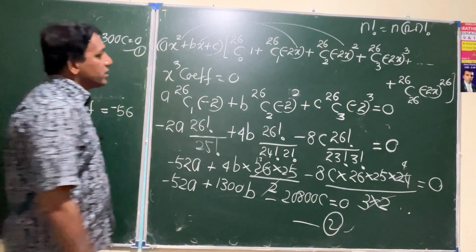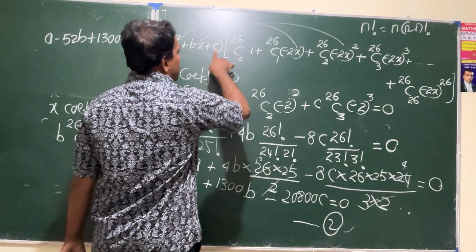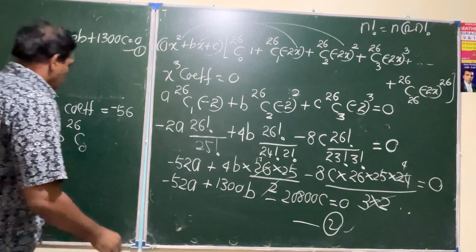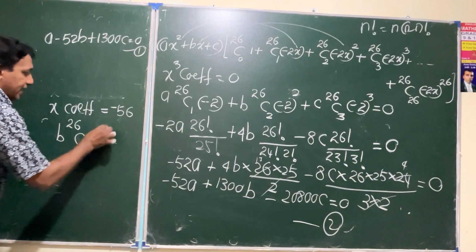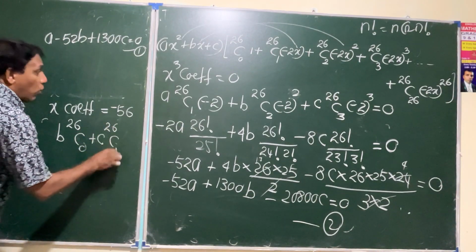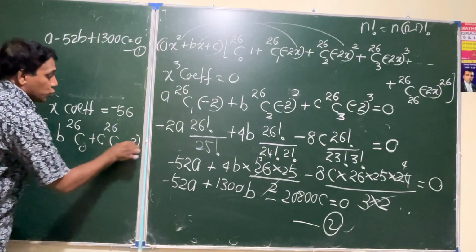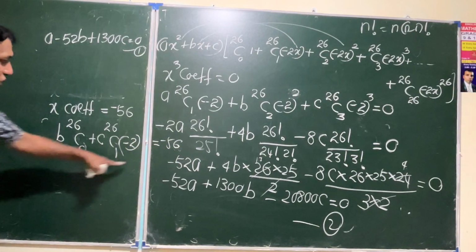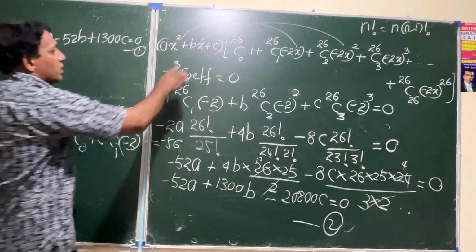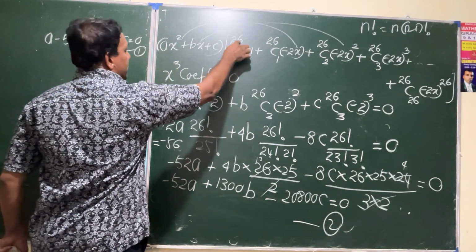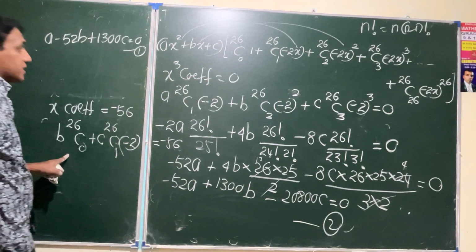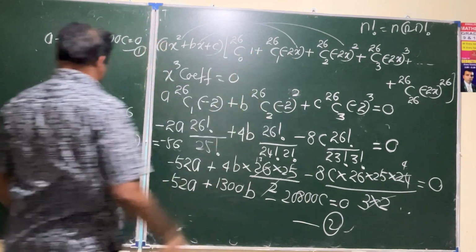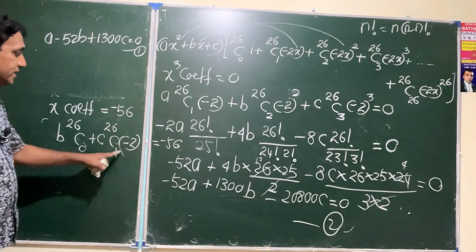X coefficient, and c into this, okay, c into that, yeah, positive, c into 26C1 minus 2, right? This is negative 56. X coefficient, this into this, 26C0 into b, yes, and here x coefficient minus 2 with the c, right? C into 26C1, yeah.